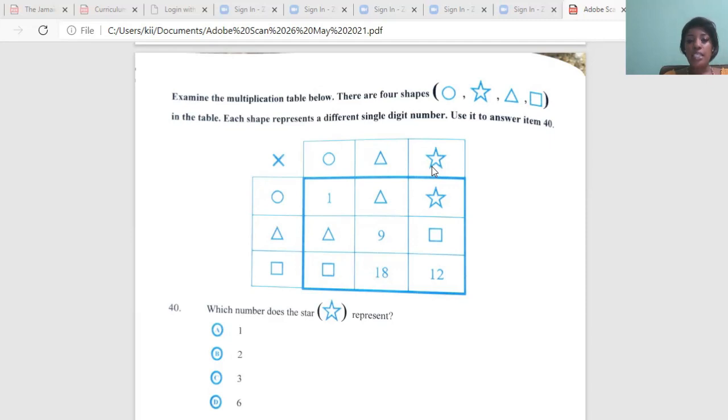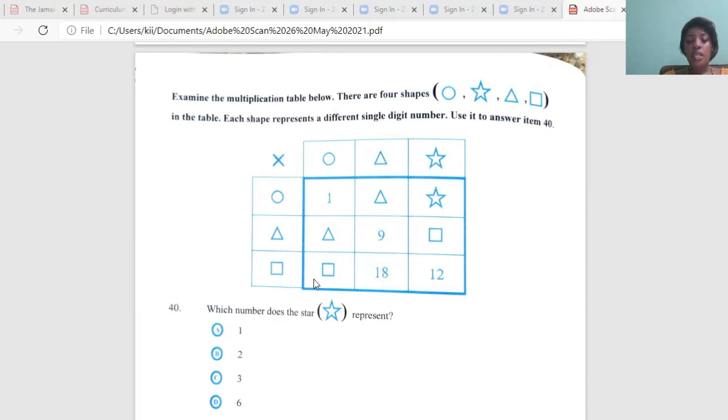Let's look at the last row. So I've come to the conclusion that this star is 2. So 1 times 2 will give you back 2. Now, because this triangle represents 3, I'm going to say 3 times 2 gives me 6, which is the square, 6.